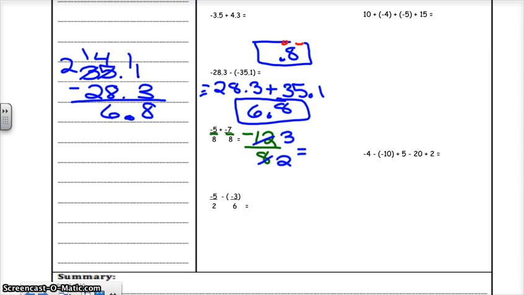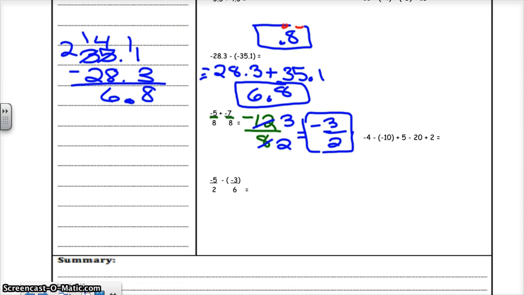So proper math etiquette would be negative 3 halves, and I can leave it like that. Or you could write negative 1 and 1/2. But a lot of times it's probably going to be given to you in that improper form as 8th graders.